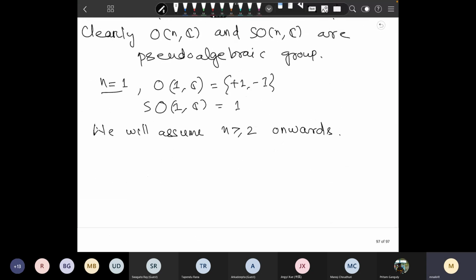So first thing is SO(2, C) is non-compact. This is my claim.